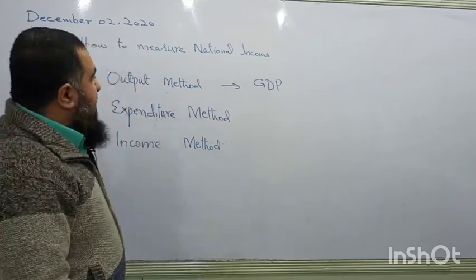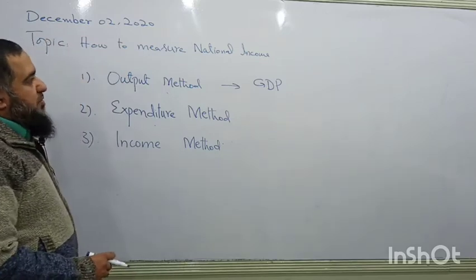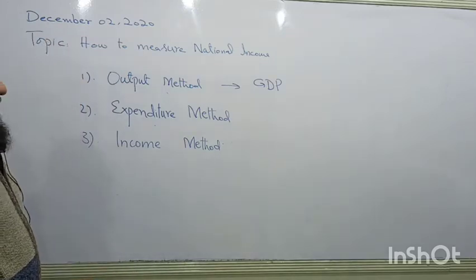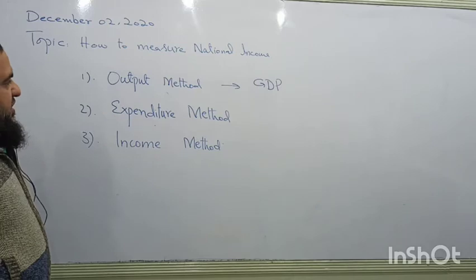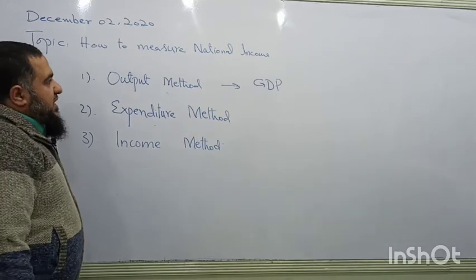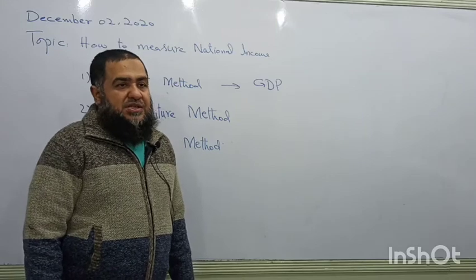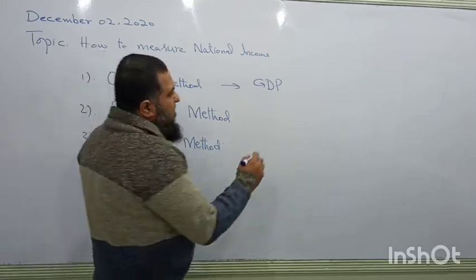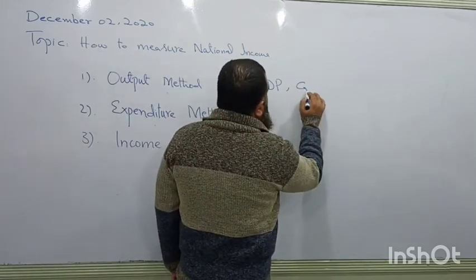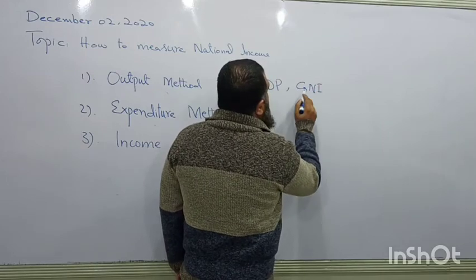So that is called GDP. This is called the output method by which we are able to measure the output of a country. That tells us how much output is produced, and that will be measured in terms of national income or GDP.